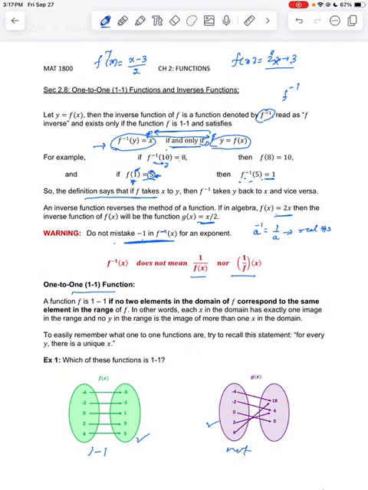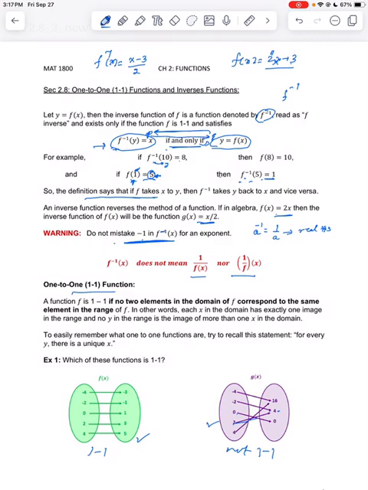Why? Because here more than one element is going to this number 4, and also -2 is going to number 4. So 2 arrows are arriving at a single point, which does not make it 1 to 1. It is still a function but not a 1 to 1 function.